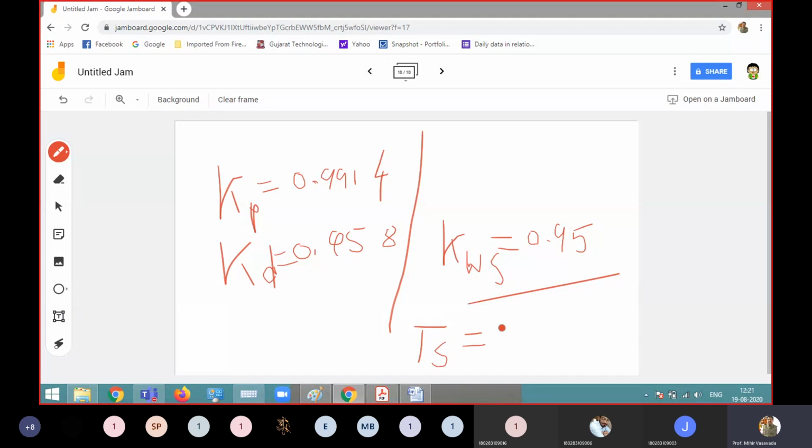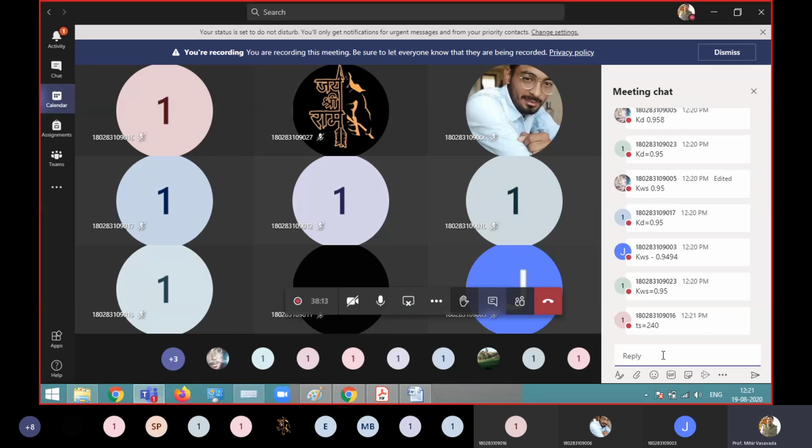So find out TS and write the answer in chat box. Someone has written the answer. Yes, TS is 240. Very good.